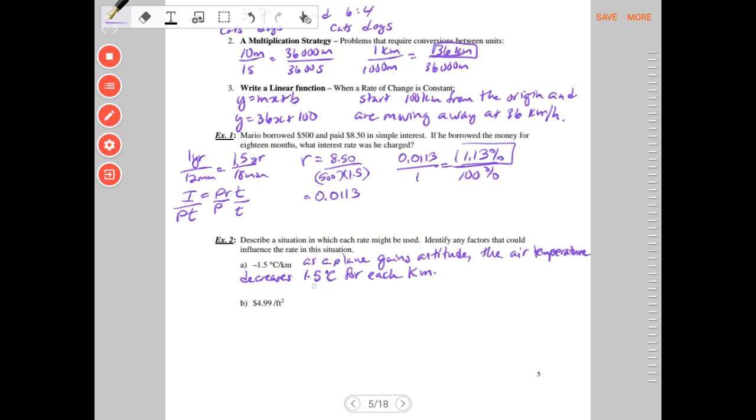Okay, $4.99 per square foot. That's the cost of new flooring for a house, is $4.99 for each square foot.